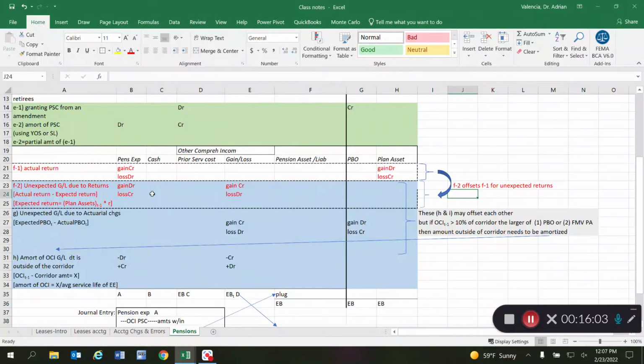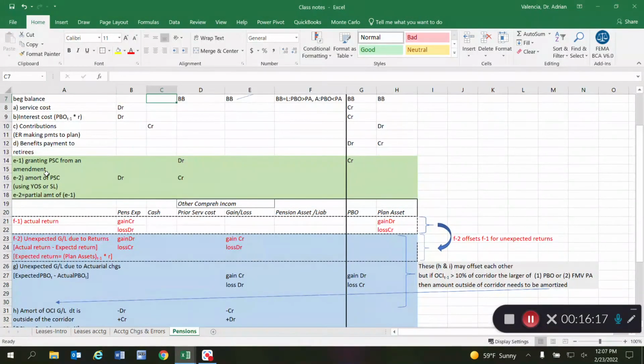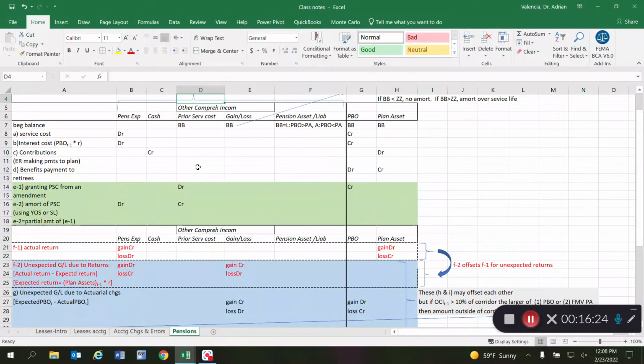And if that expectation is very different from the actual return, then that's something that needs to be accounted for as well. Okay? So far, we've seen a couple of things where we've been dealing with OCI. The first one was when we grant prior service costs, where we input that full amount into prior service cost OCI, and then little by little it gets amortized to pension expense.